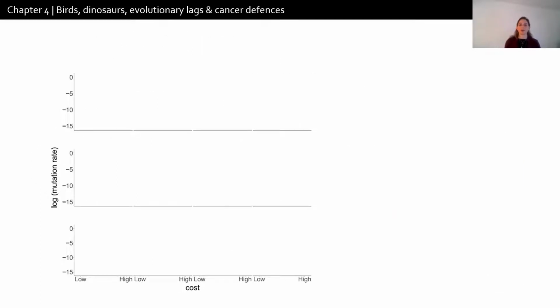So this will be a very big and complicated figure, but I'll walk you through it step by step. On the x-axis, you have cost, this costliness, this trade-off that I mentioned before, and it goes from low to high. So when it's low, there's a weaker trade-off between cancer defenses and reproductive success. When it's high, there is a stronger trade-off. And on the y-axis, there is the mutation rate.